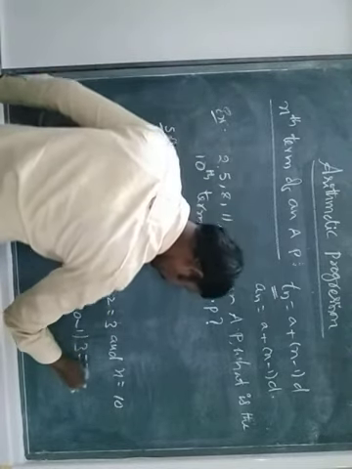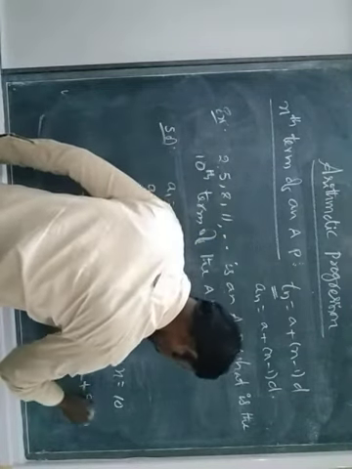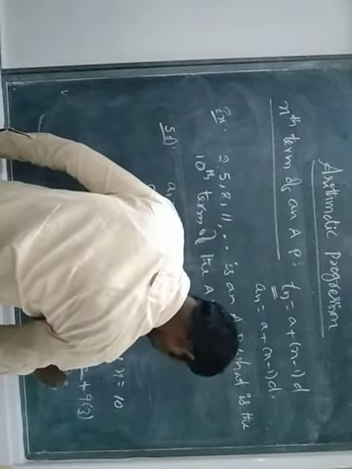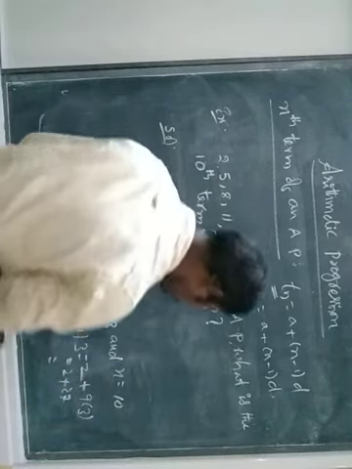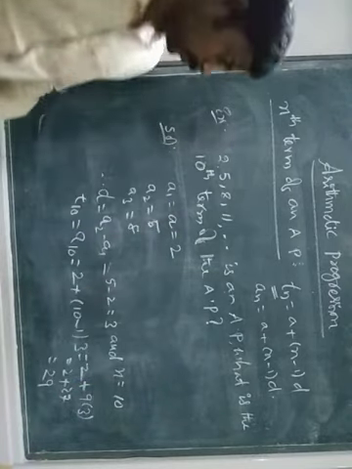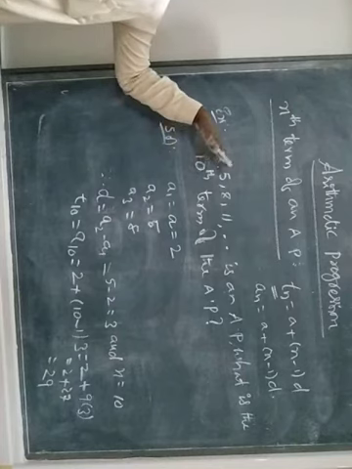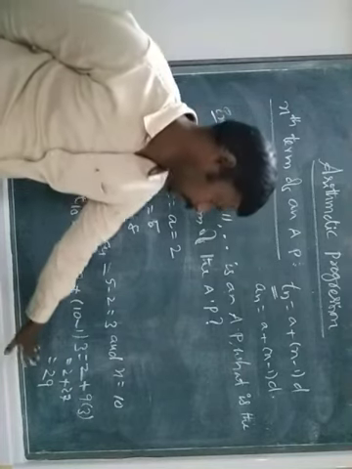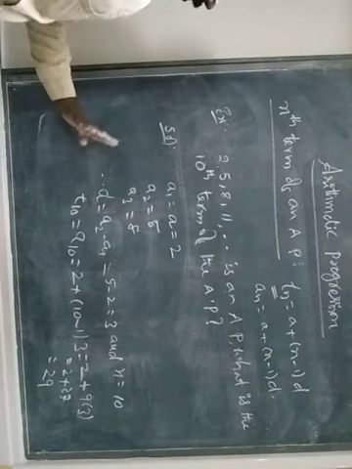Simplify: 10 minus 1 is 9, 9 into 3 is 27, so 2 plus 27 is 29. So the 10th term in this arithmetic progression is 29. Is it clear, children, all of you?